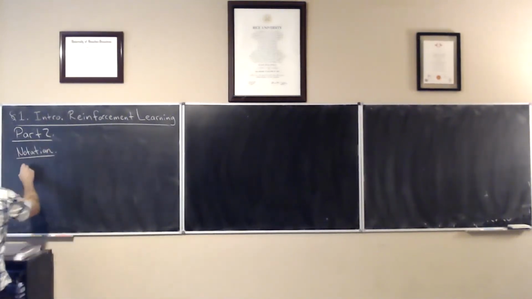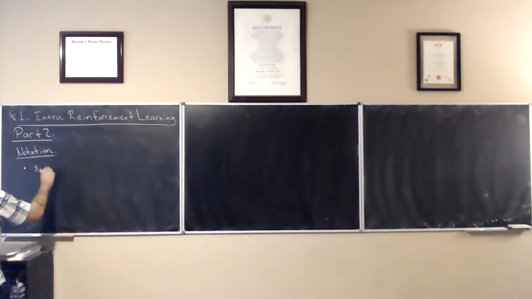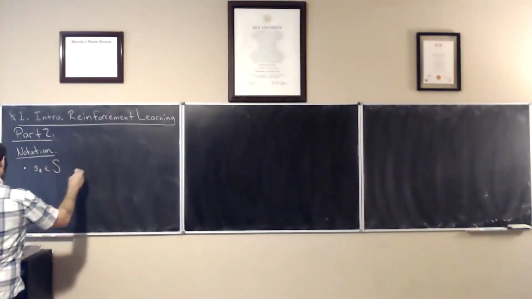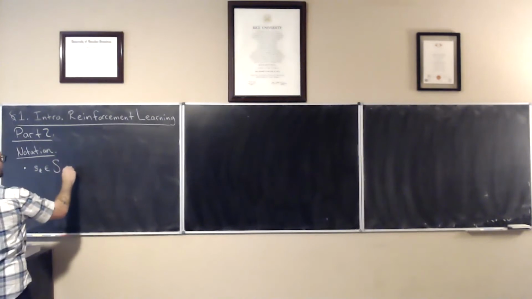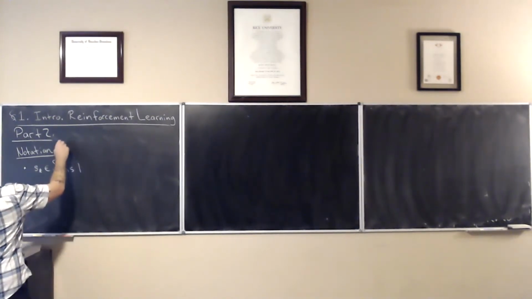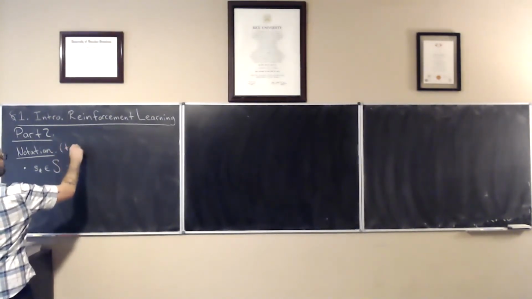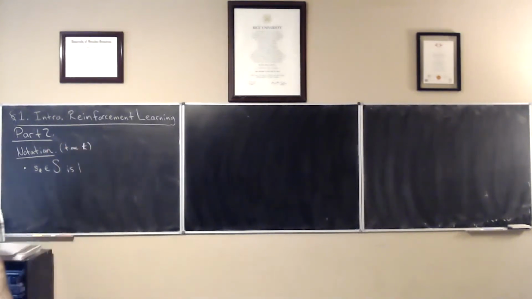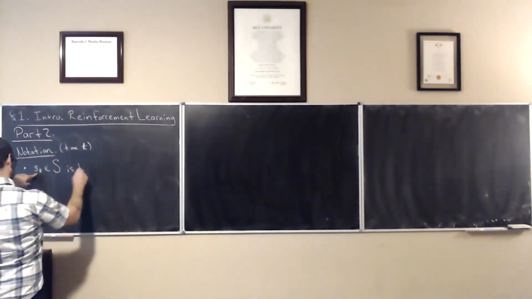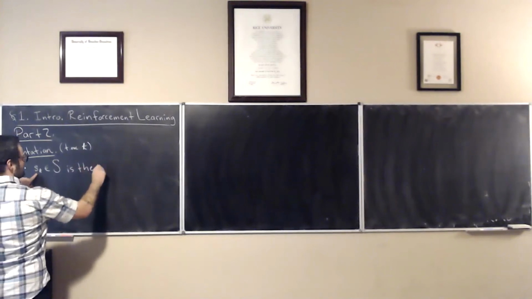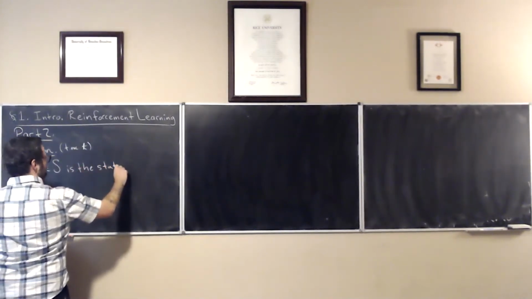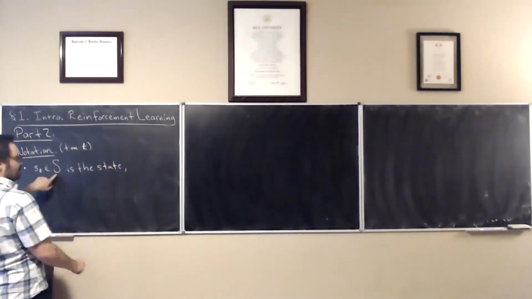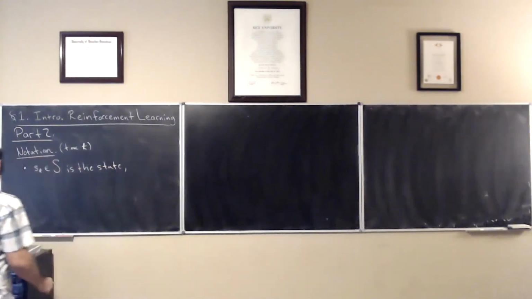And we have 3 main bits of notation. So little s at time t. Okay, so this is the state at time t. So we're at time t. So it is the state. And capital script S is the state space.